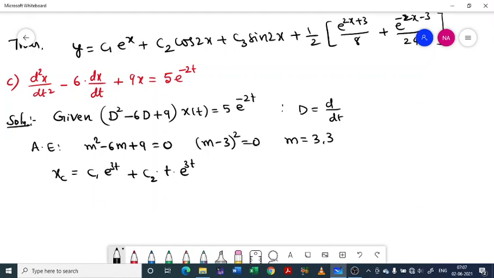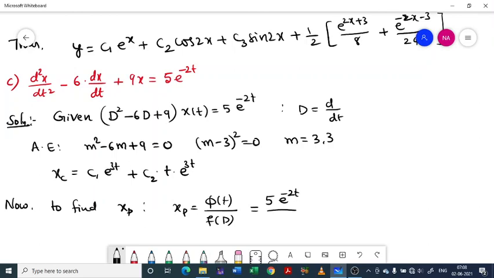Again a mistake. Now, to find the particular solution xp, the particular integral, xp equal to phi of t divided by f of d. But what is phi of t here? 5 into e power minus 2t. See, 5 is just a constant, no problem with that. 5 into e power minus 2t divided by f of d.